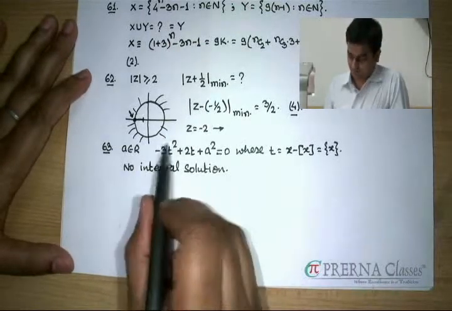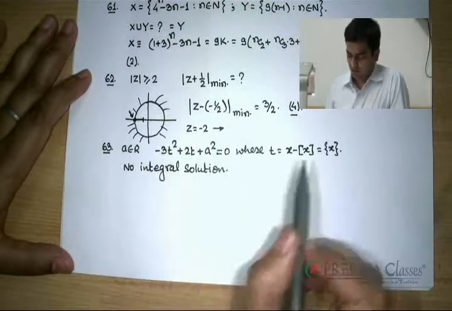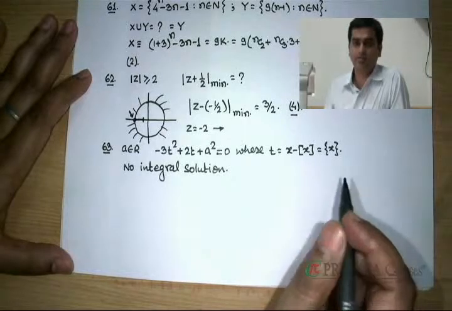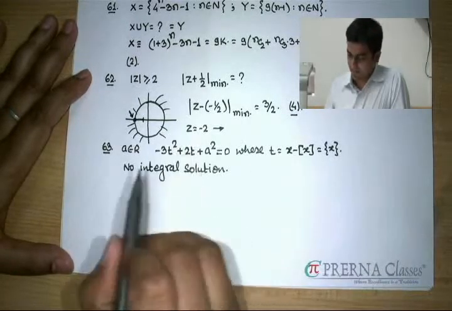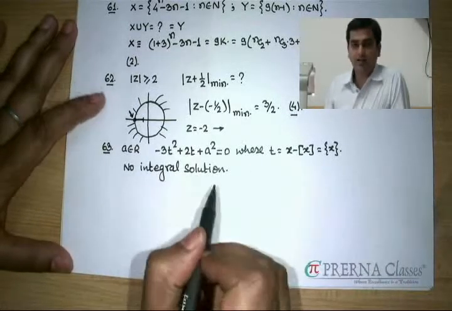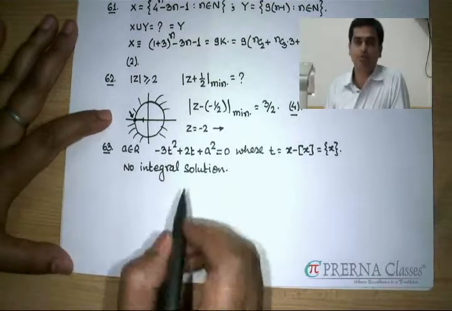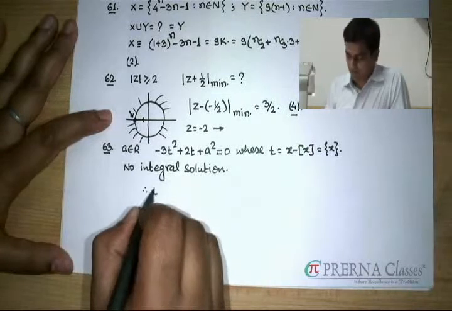Fine. In the next problem, that is the 63rd one, we have a quadratic equation given in t, where t is nothing else but the fractional part of x, and it's being told that the equation has no integral solution, on the basis of which you have to figure out the suitable set of real values of a.